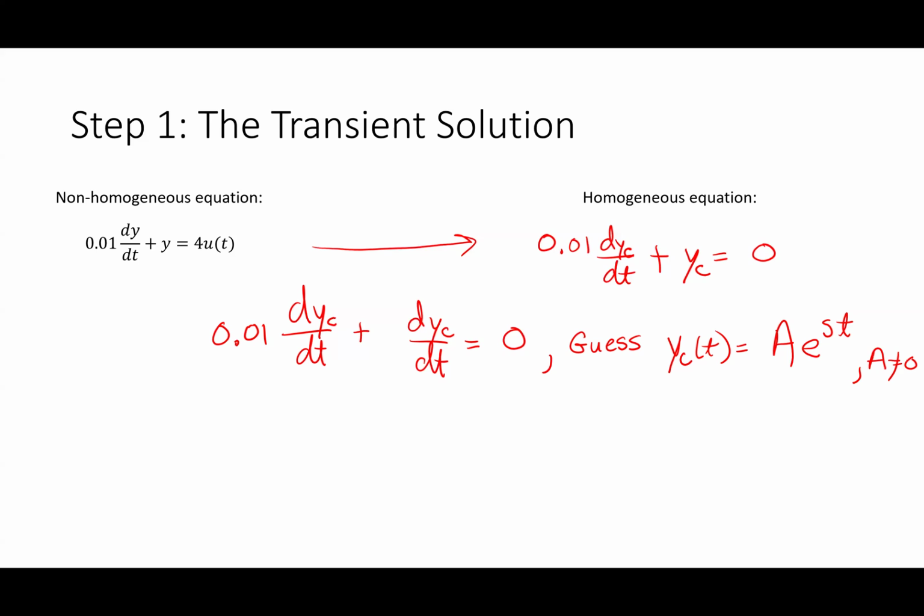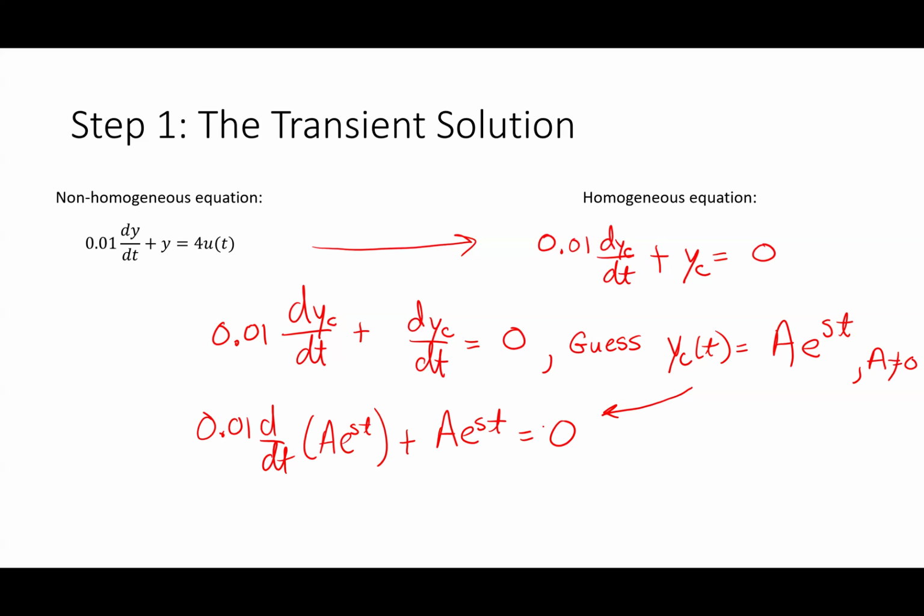What's special about this? Well, what's special is what comes next. I make this guess, and I plug the guess in. So I get 0.01 times d by dt of A e to the st plus A e to the st is equal to 0.